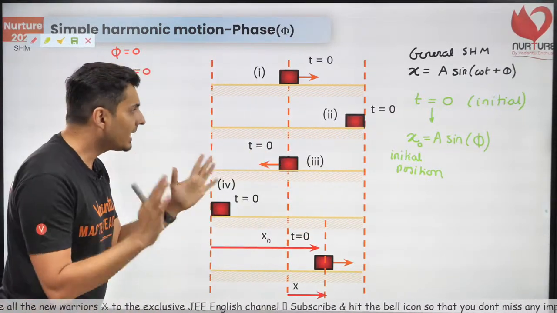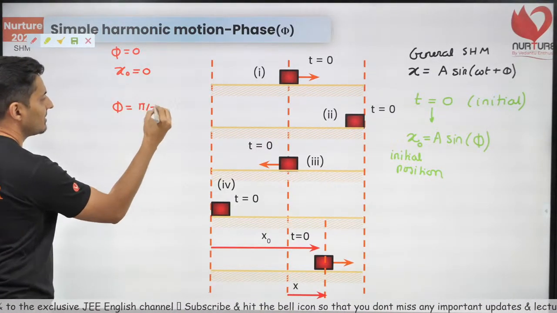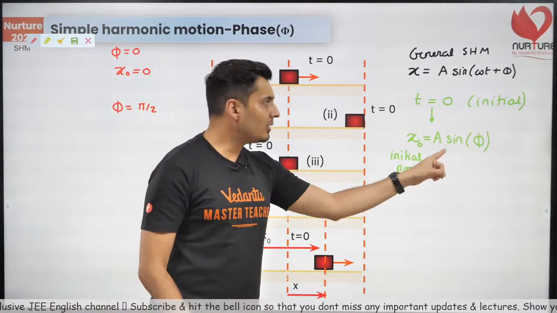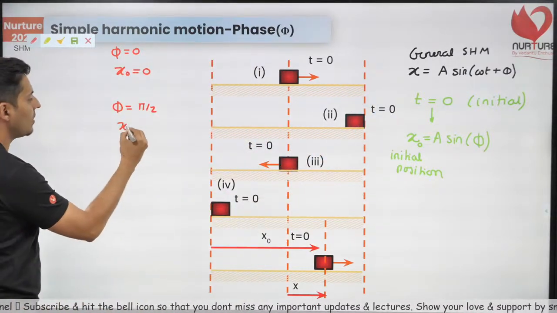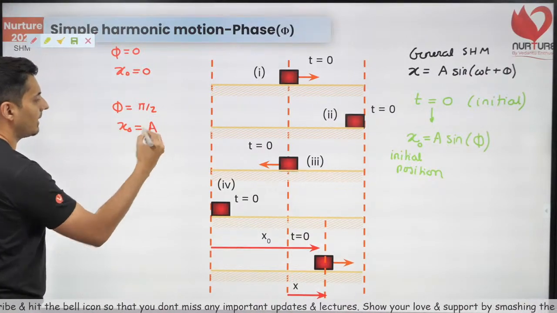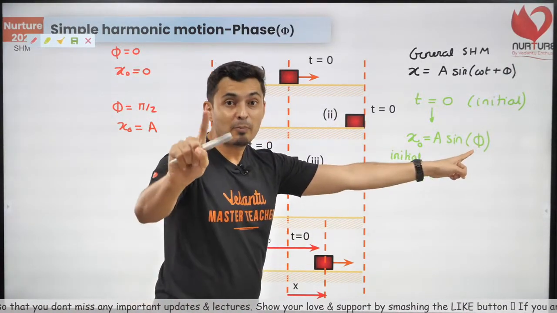Perfect. Next, let's try to use phi as pi by 2 radians, which is 90 degrees. Sine of 90 is 1. So x0 will be a. Make sense? Next, let's put phi value as pi.